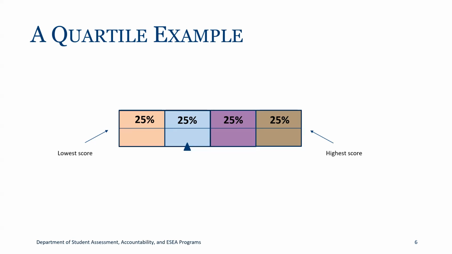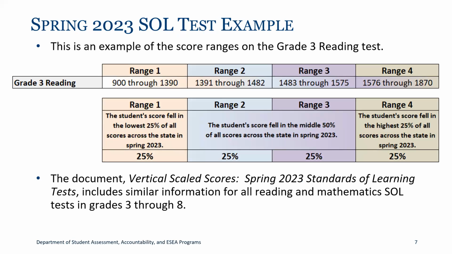The image on the screen indicates an arrow pointing to range 2. This is a picture of the score ranges from the grade 3 reading test. These ranges include all of the test scores from all Virginia children who took the grade 3 reading SOL test. Notice there are 4 score ranges.